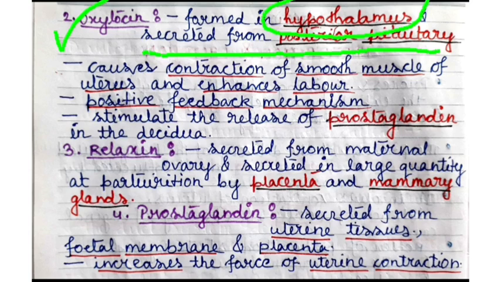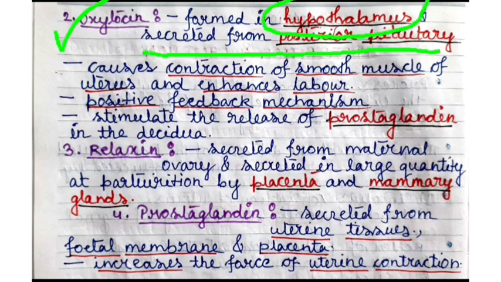Oxytocin is one of the main hormones that controls the process of parturition, because as soon as contraction starts in the uterus, the secretion of oxytocin increases. So uterine contraction stimulates the release of oxytocin, and there is a positive feedback mechanism: when there is stronger contraction, more oxytocin is released, and more oxytocin again causes much more contraction of the uterine muscle.